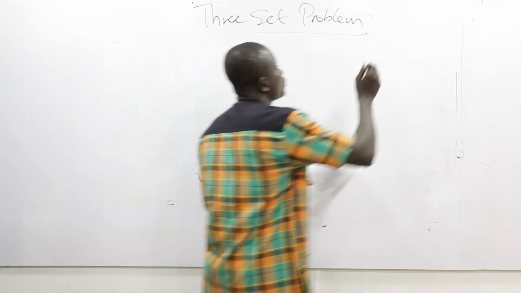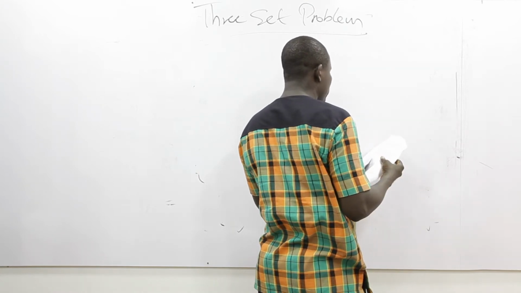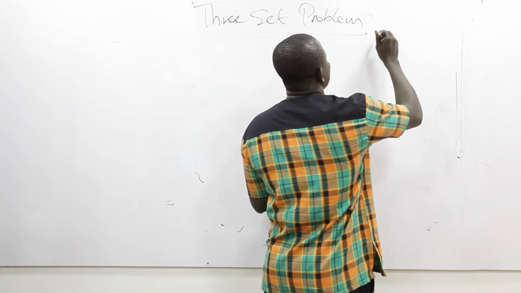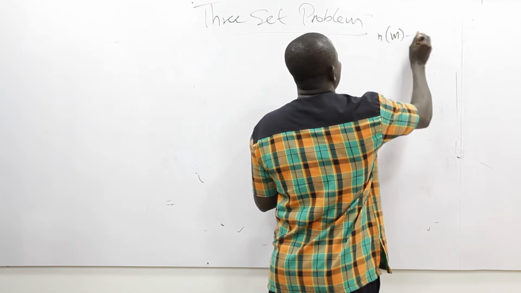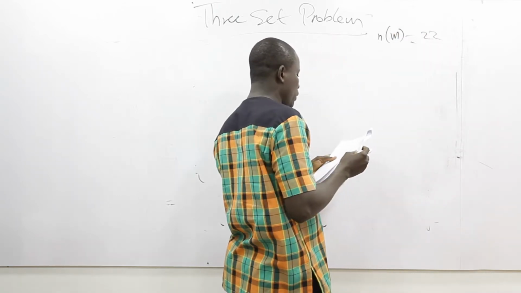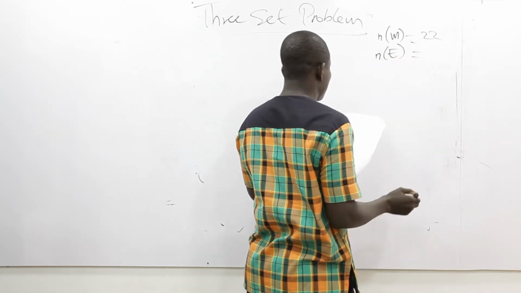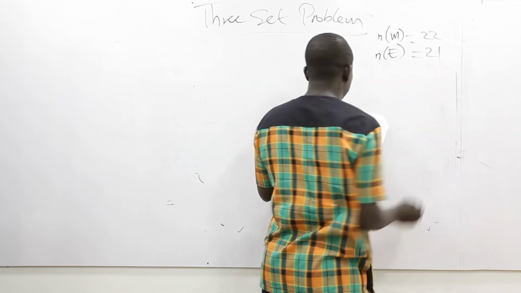Okay, so looking at it, we have the math. So n(M), which is n of mathematics, is 22 according to the question. Then n(English) is 21.